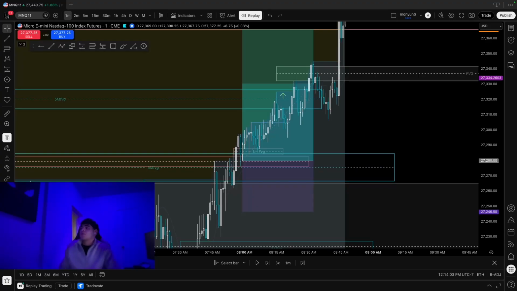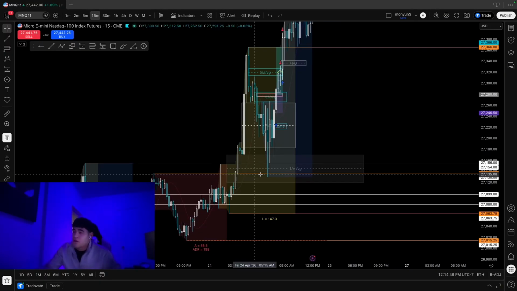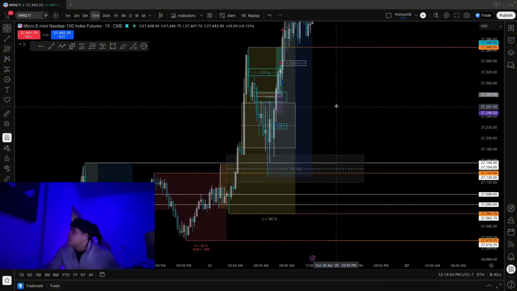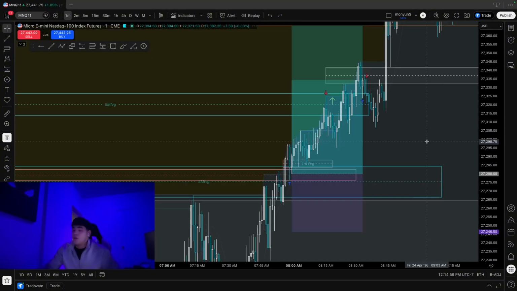So we definitely want to be watching the S&P when we're trading the Nasdaq, or the Nasdaq when we're trading the S&P. So you guys can see that fair value gaps are super helpful if you use them in the right way. We got the reaction off the 1 hour fair value gap. We inverse this 1 minute and 5-minute fair value gap. We wait for the retracement, we enter on the midpoint, and we continue back to our bias.